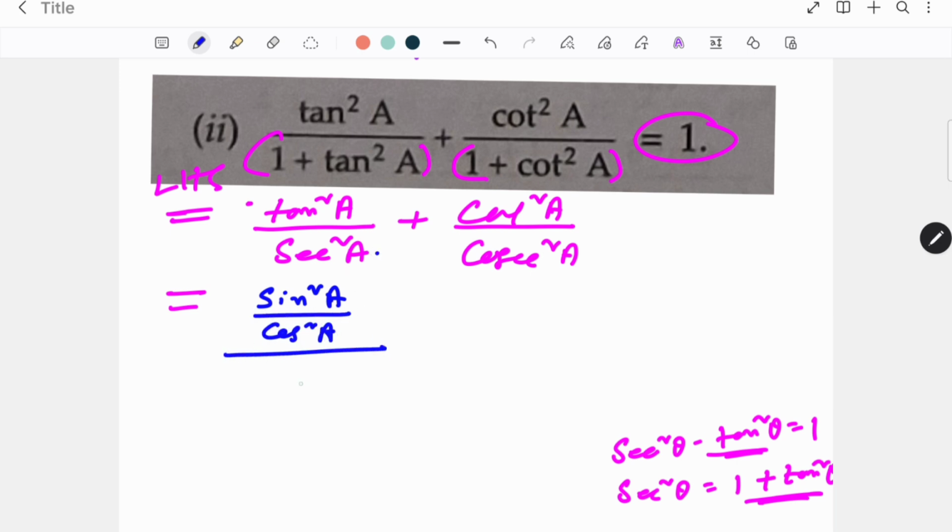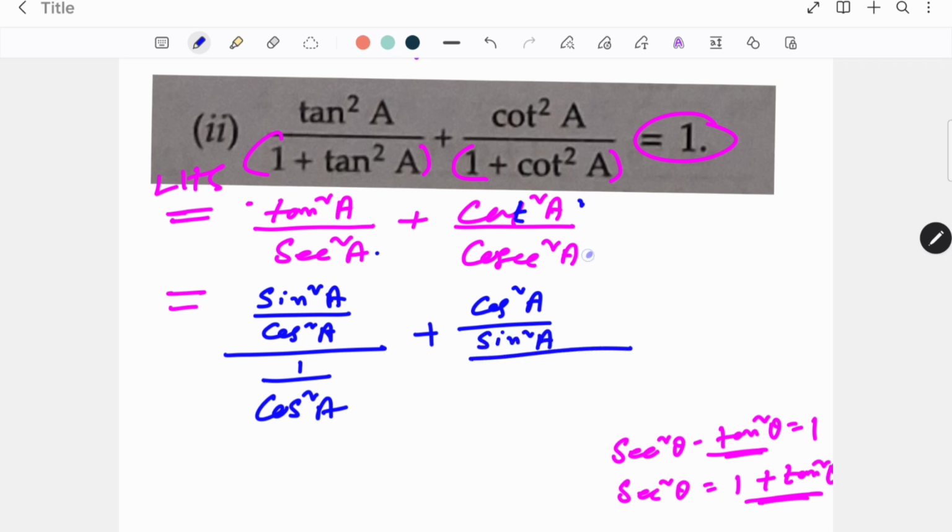And down here sec square means 1 by cos square. Here cot square means cos square a by sin square a, and down here cosec square means 1 by sin square a.